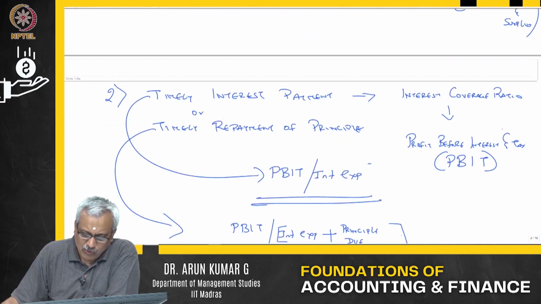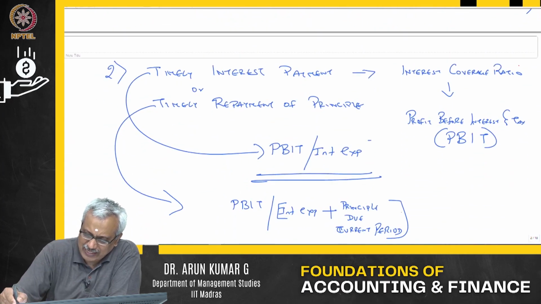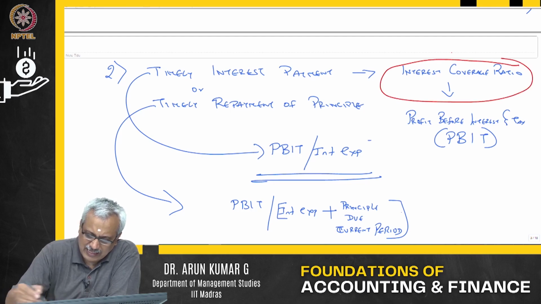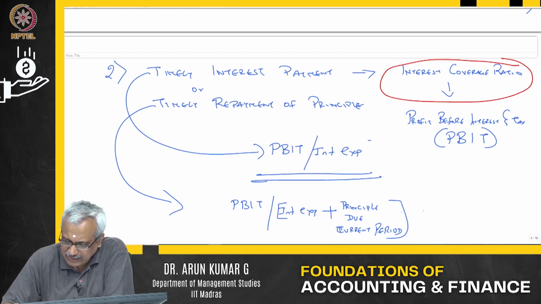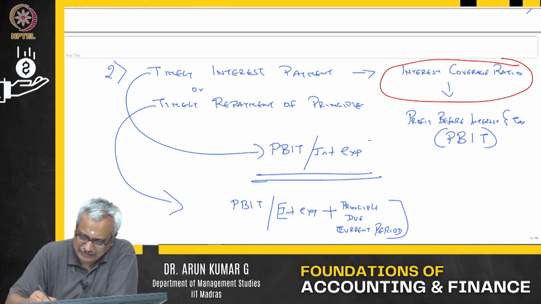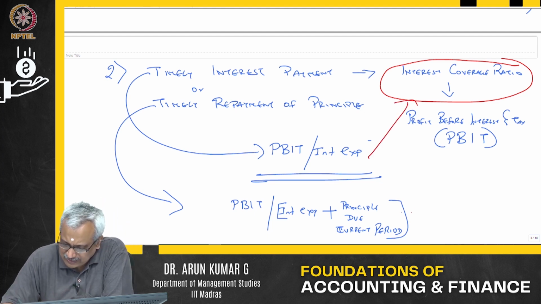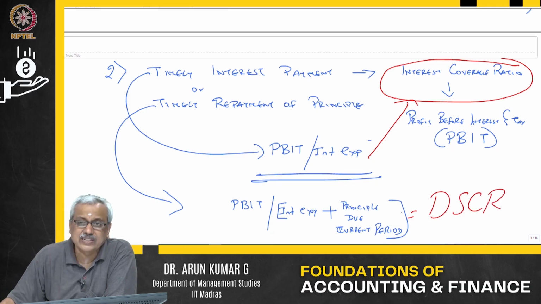Then I moved to the interest coverage and the timely repayment of principal. This is what we call the interest coverage ratio, and this is what we call DSCR, the debt service coverage ratio.